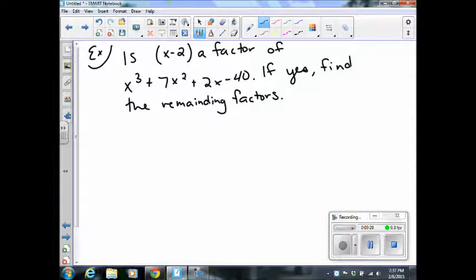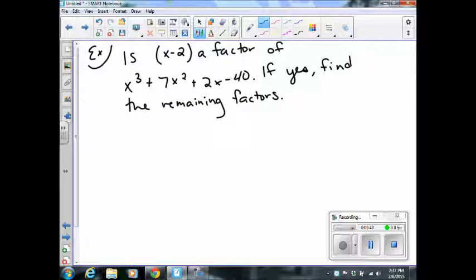First of all, I have to figure out whether it's a factor or not, so I'm going to use my synthetic division to figure out if my remainder is 0.